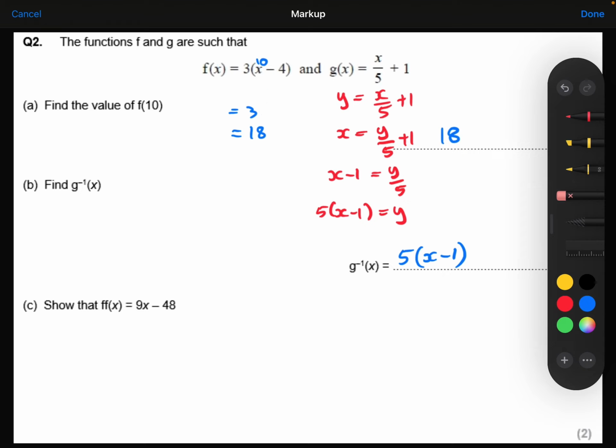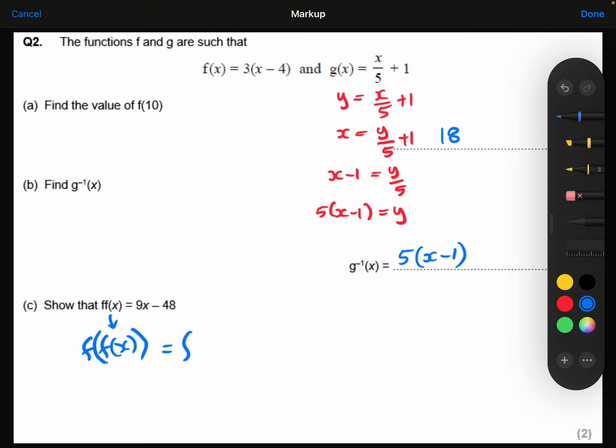Question C says we need to show that f of f of x is equal to 9x minus 48. So this f of f of x, what that means is to substitute f of x into f of x. So let's do that.